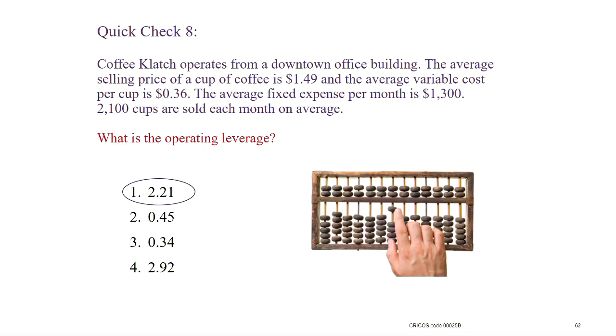And on the bottom, you just did exactly the same thing, but you took away the fixed costs of 1,300. All good? And you ended up with an operating leverage of 2.21. Is everyone good with that?